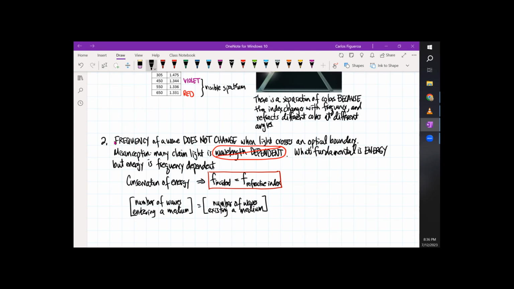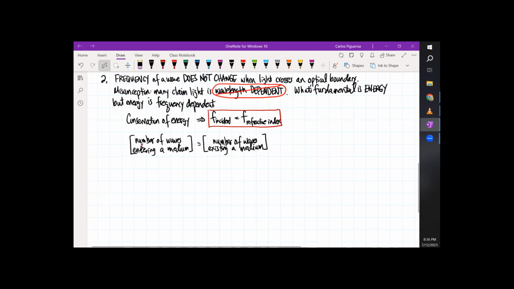That has to be the case. Otherwise, conservation of energy would be violated. So when I look at a medium here, let's say that this is my boundary right here. And so what you're seeing here is that I'm looking at two different mediums.